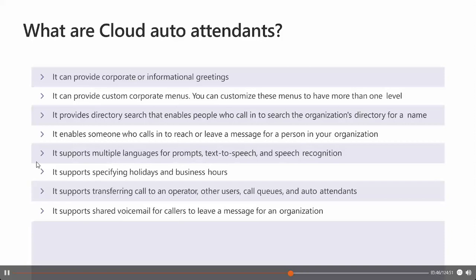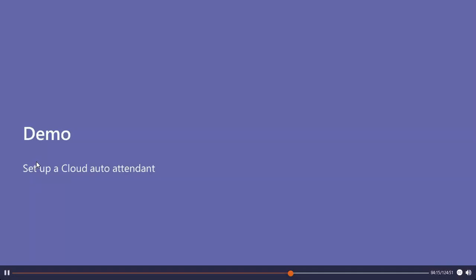So you can provide informational greetings, corporate menus, directory search options, to leave a message for an organization, to provide multiple language prompts, text-to-speech, speech recognition, and holiday and business hours, or to transfer calls to an operator, other user, call queues, or an auto attendant. It also supports a shared voicemail for callers to leave a message for the organization itself. In the next demonstration we will take a closer look at how to set up a cloud auto attendant.